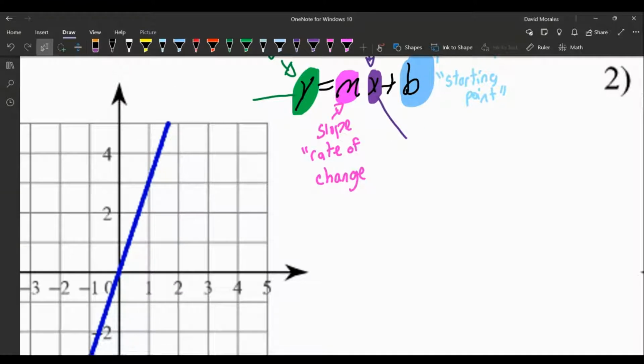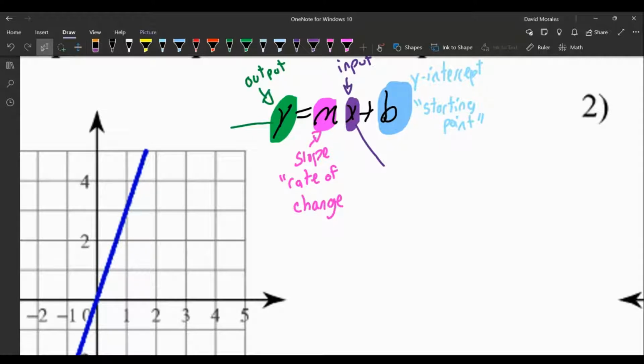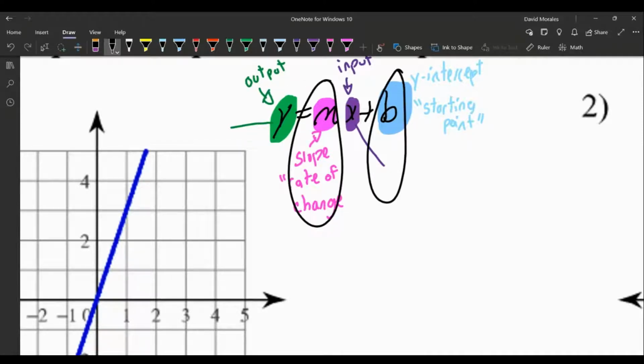Okay, so let's actually do some of these problems. When we write these equations of a line, we write the formula first. All we need is the m and the b, because those are the things that don't change on the line.